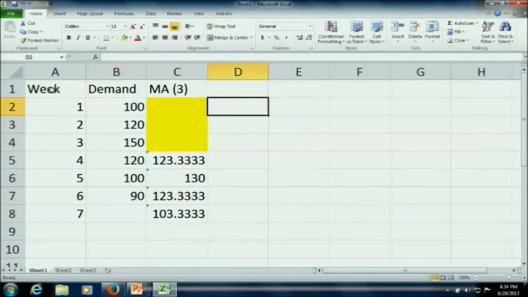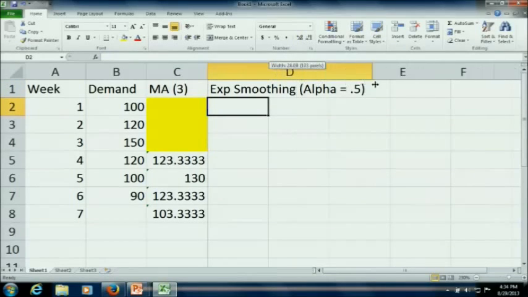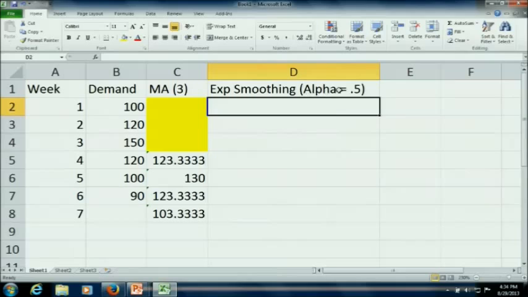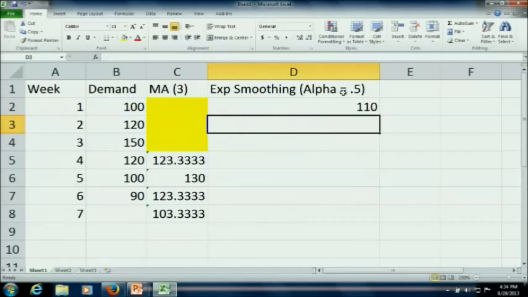Now, exponential smoothing, and let's say alpha equals 0.5. You need an initial forecast, okay? And so let's say our initial forecast was 120. So I take my 120 times 0.5 plus my actual times 0.5, and that gives me my first forecast.